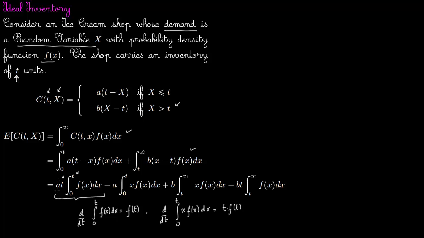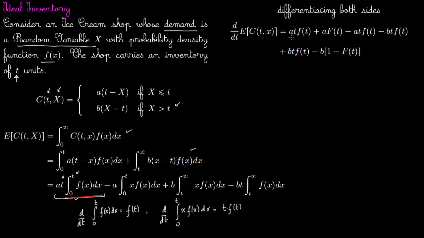We are going to use the product rule on the first part. First we have a t, which we keep as such, and we differentiate this integral part. So you get a t times f of t, because d by dt of this integral is f of t. For the second part, you keep a and this second part as such and differentiate with respect to t.